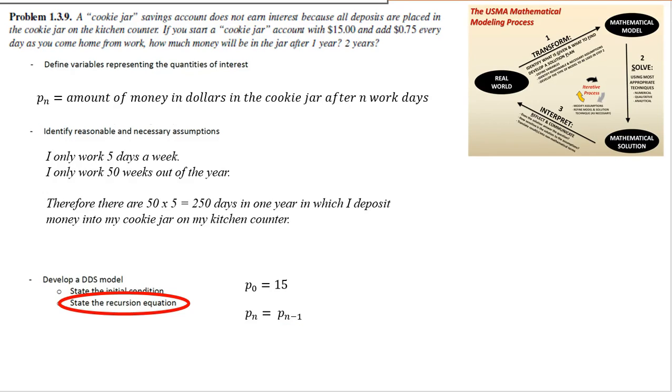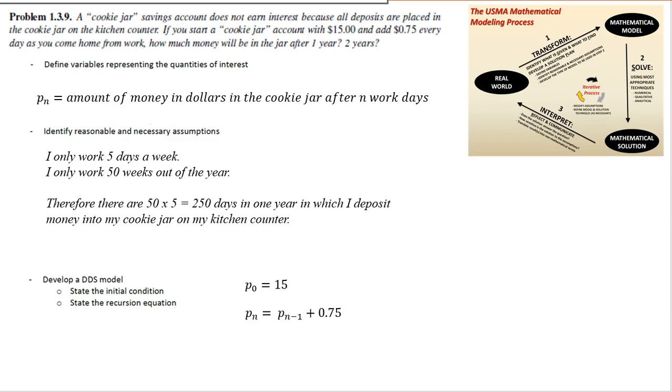So I can start this recursion equation with P sub n being equal to P sub n minus 1. But now I need to add or subtract the things that change every single day. In this case, we only have one thing that changes, and that is the addition of 75 cents every day to my account.